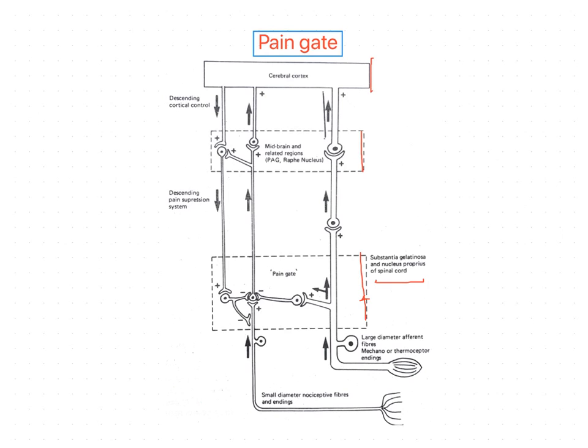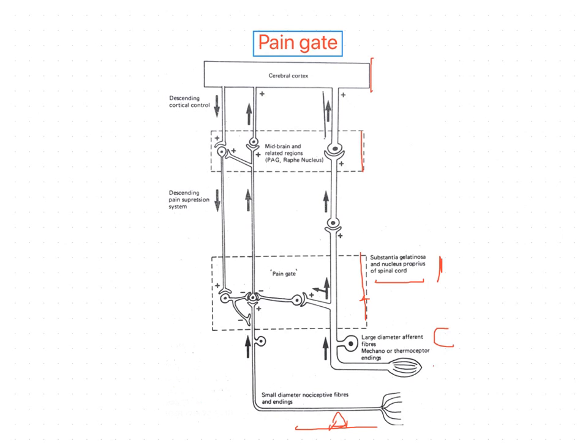The fibers carrying pain are the small diameter fibers, A delta, and these are the C fibers, while this one is the large diameter fibers. So A delta and C fibers are carrying the signals, and these two end up in the substantia gelatinosa and nucleus proprius of the spinal cord.